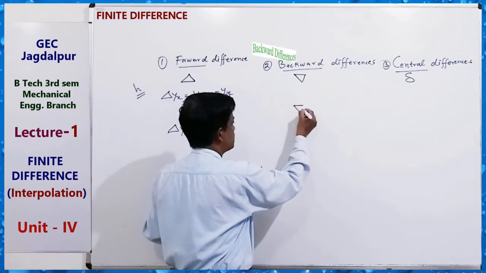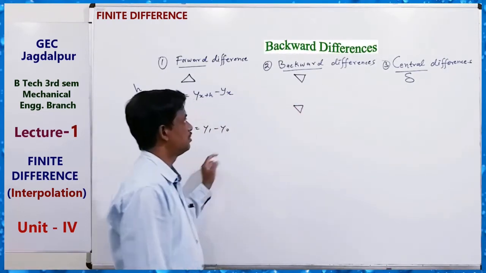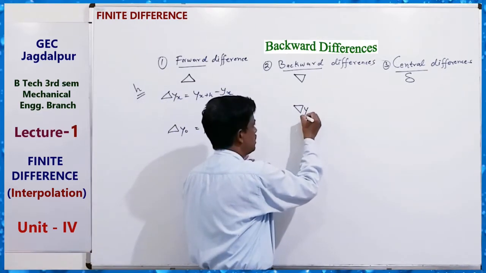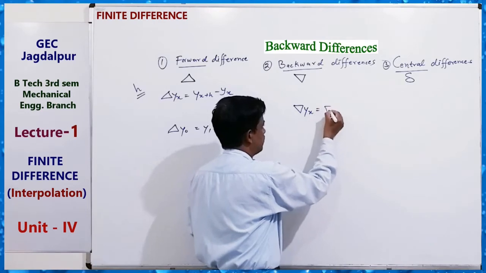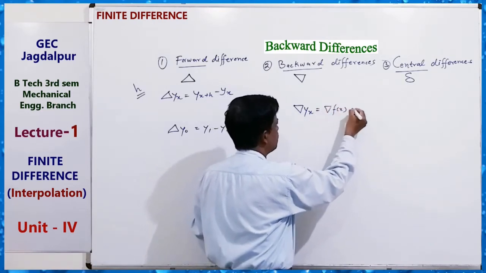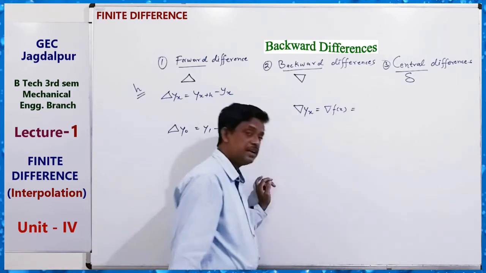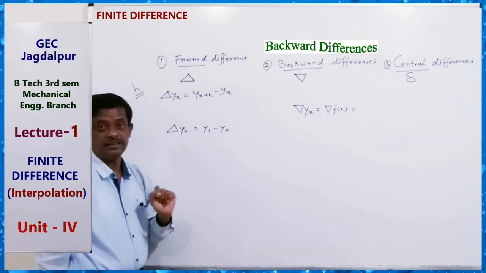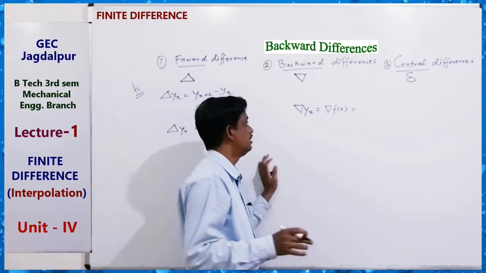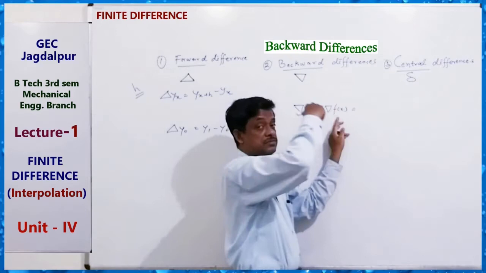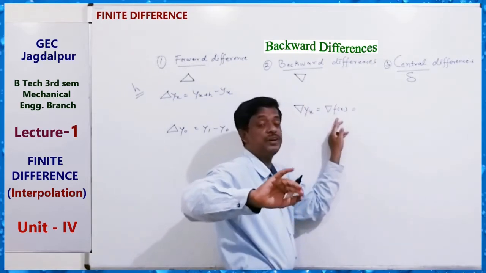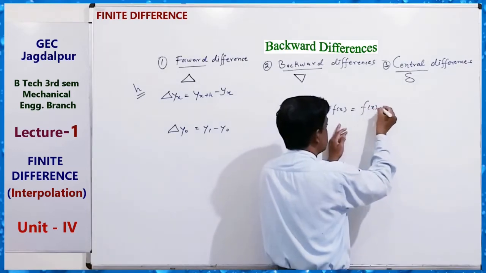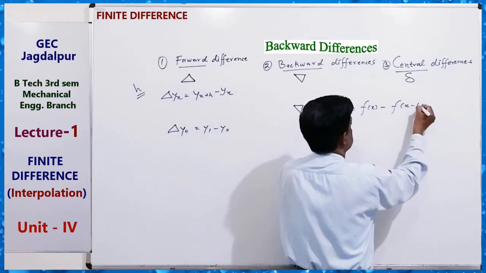Here, backward differences are defined just like this: ∇y(x). It is a similar pattern, but here y(x) is subtracted from its higher argument value, whereas here from f(x) is subtracted its lower argument value of the function. That is, from f(x) subtract f(x minus h).